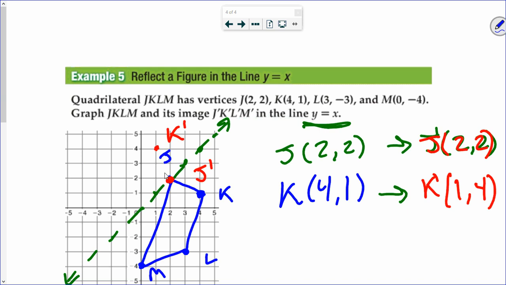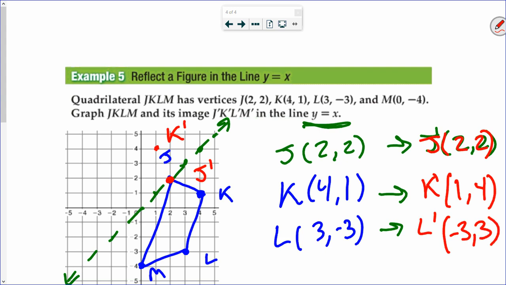What about point L? Point L was at (3, -3). When I reflect it across y equals x, my point L prime will be at, putting the x and y values flipped, (-3, 3). That is our point. Lastly, we reflect point M. Point M is (0, -4).